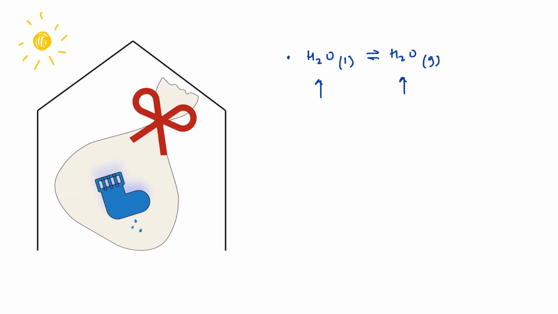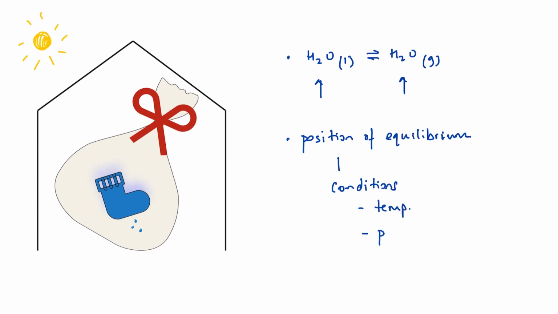We can change the position of equilibrium, i.e. the concentrations of reactants and products at equilibrium, by changing the conditions in our system, by which we mean the temperature, the pressure, or the concentrations of our reactants and products. In our example, that might be analogous to how wet the sock was to begin with.